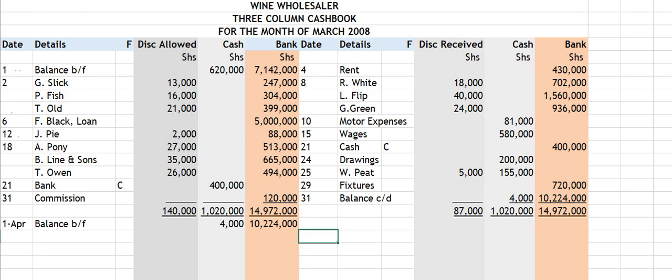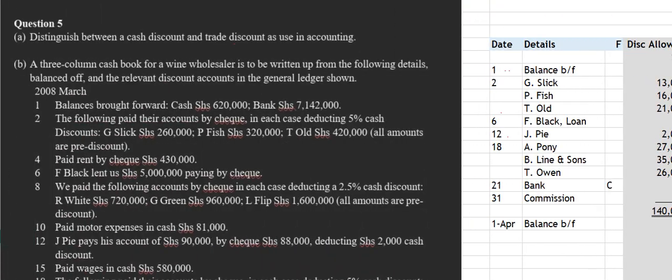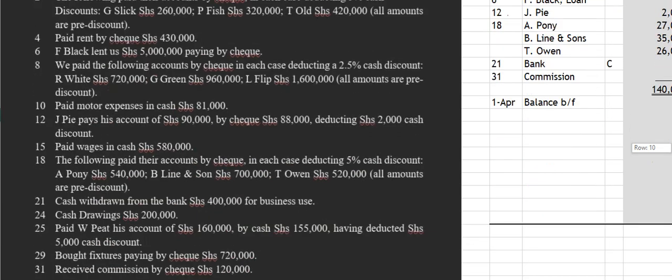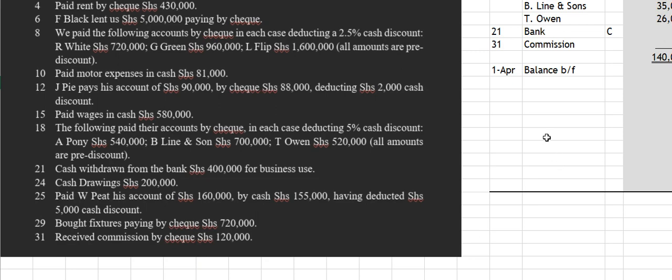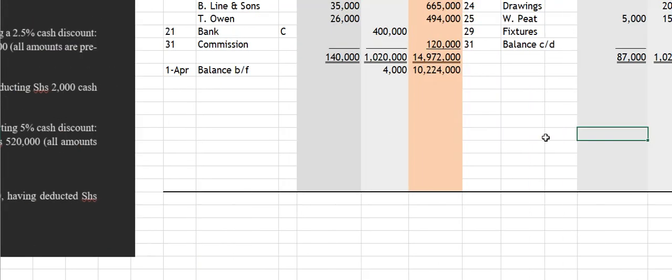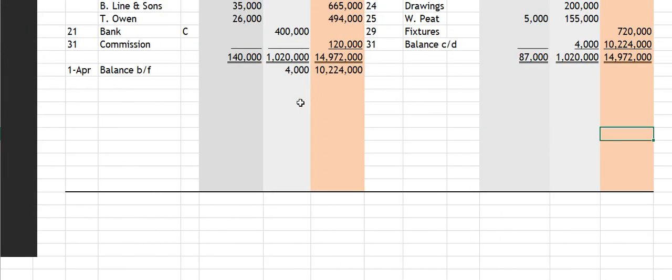But then we have also been told to enter the relevant discounts in the general ledger. Let us see how we can come up with the discount columns in the general ledger. So this is my general ledger.